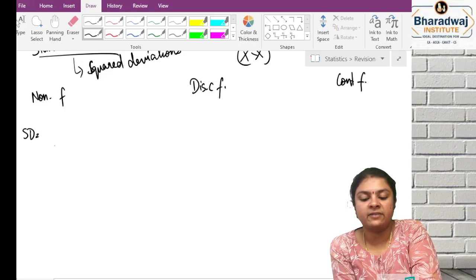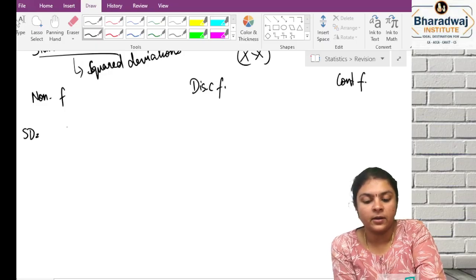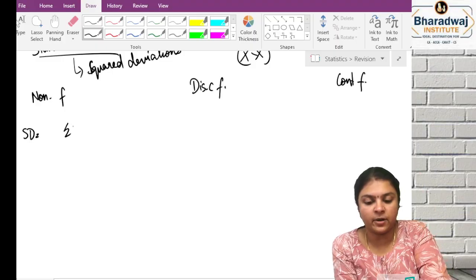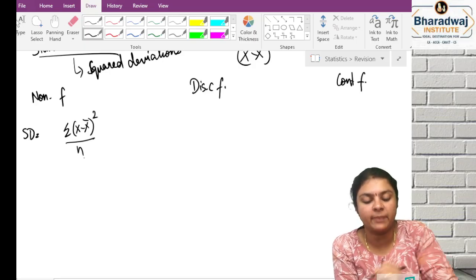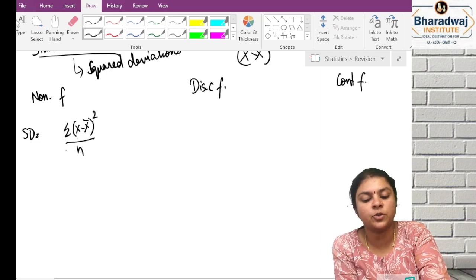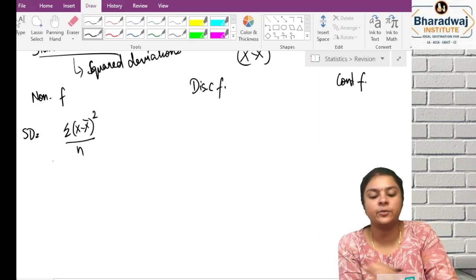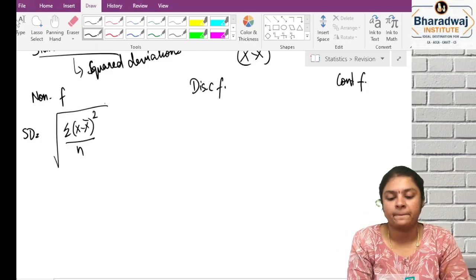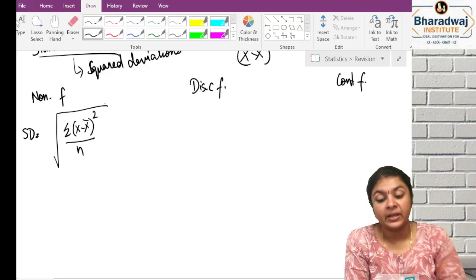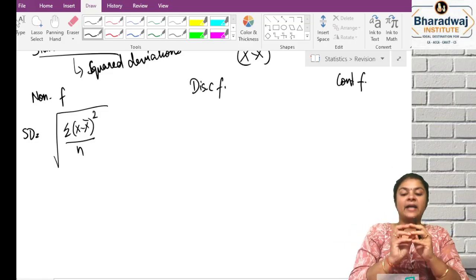For non-frequency, standard deviation has the same formula as mean deviation, but instead of sigma x modulus of x minus x bar, it is sigma of x minus x bar the whole square divided by n. But because we are squaring it, we need to bring the data to its original form, so we take the root. Now, this can also be expanded and written.